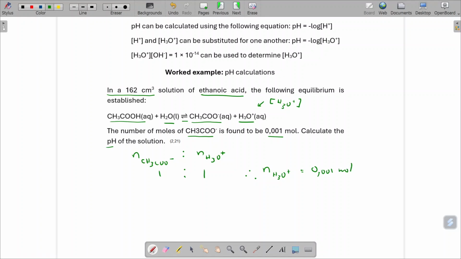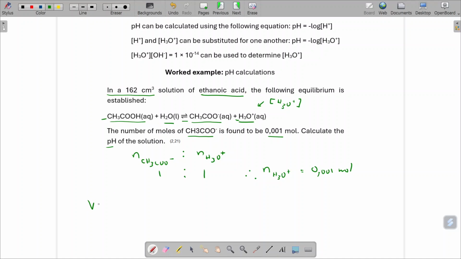But we don't want the number of moles, we want the concentration of the hydronium ions. And once again, if we look at this equation, we can see that the mole ratio of the ethanoic acid to the hydronium ions is also 1 to 1. And so we can use the volume that's given here to work out our concentration of hydronium ions. We can't use cubic centimeters, we must convert to cubic decimeters.